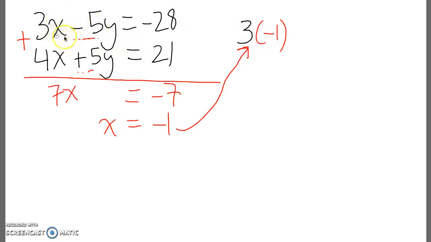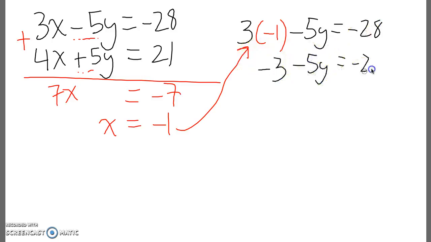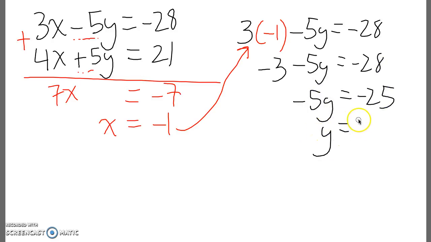The only thing that got changed was the x. So minus 5y equals negative 28. So I get negative 3 minus 5y equals negative 28. Negative 5y equals negative 25, adding 3 to both sides, and dividing both sides by negative 5 gives me that y actually just equals 5. So now I have x and I have y, and I'm finished.